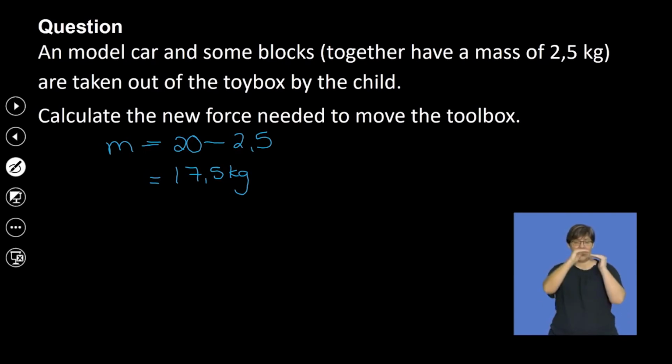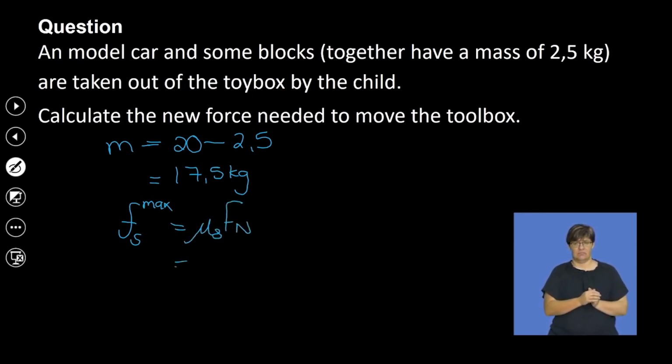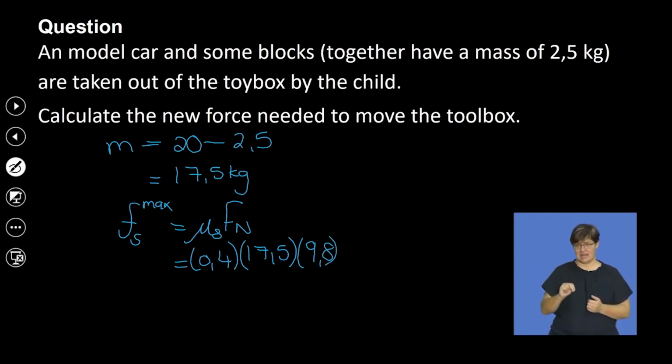So we're still going to do maximum friction. Mu s didn't change. It's still the toy box on the same surface, so it's still 0.4. But now my mass isn't 20, it's 17.5. g is still 9.8. Okay?